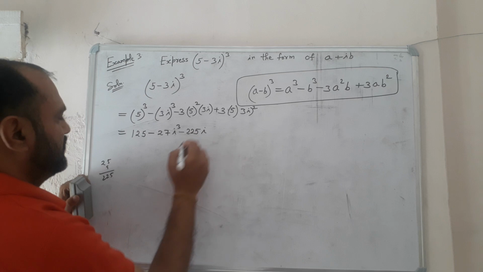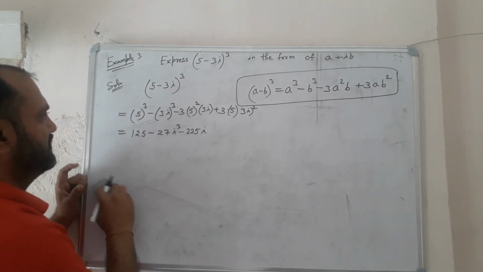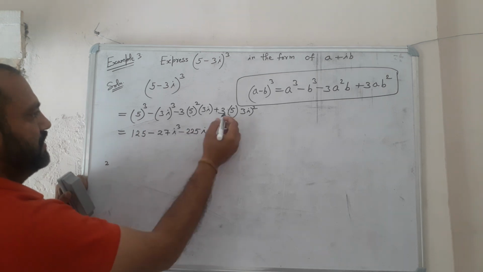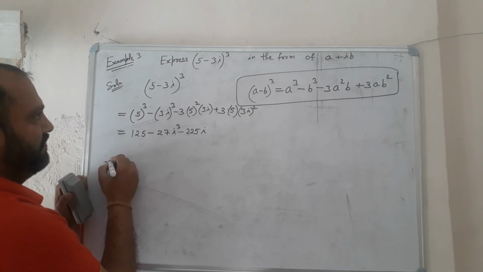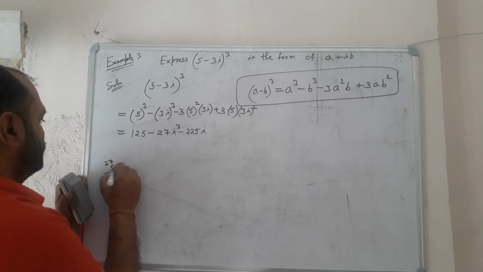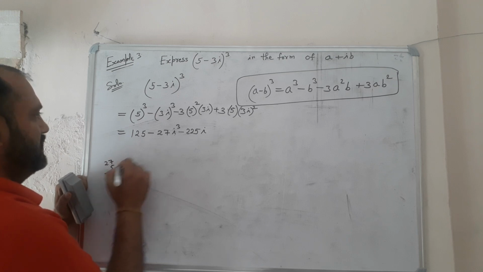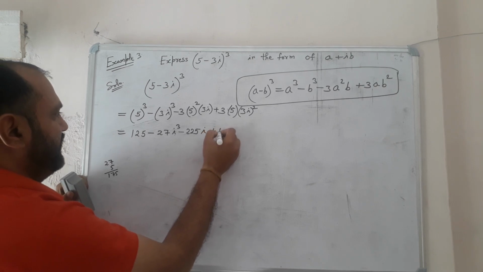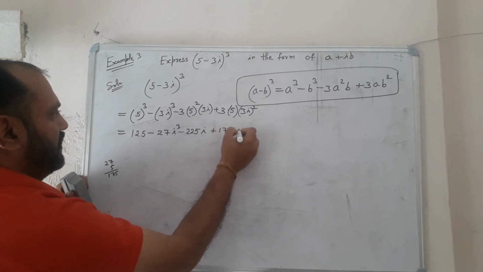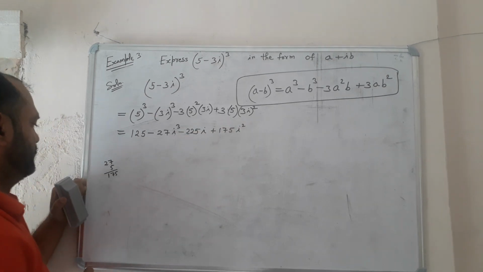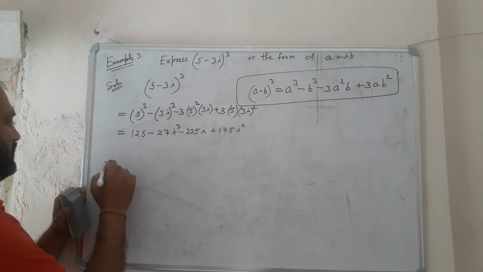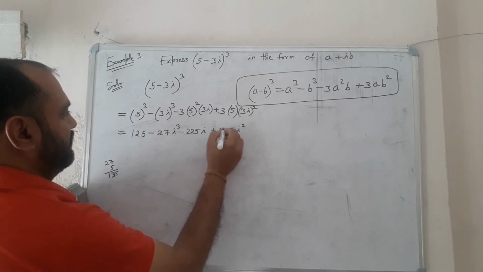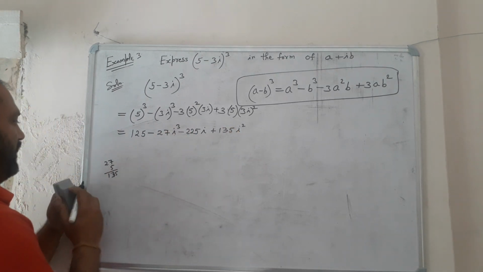Then this one is 3 into 5 into 9, that is 27 into 5, that is 135, sorry. This is 135 iota square.